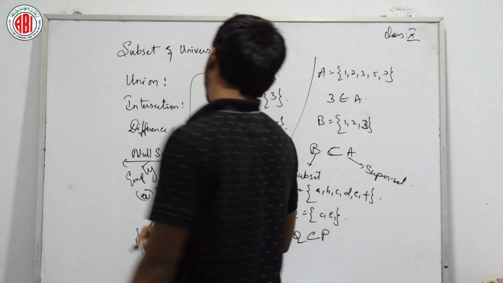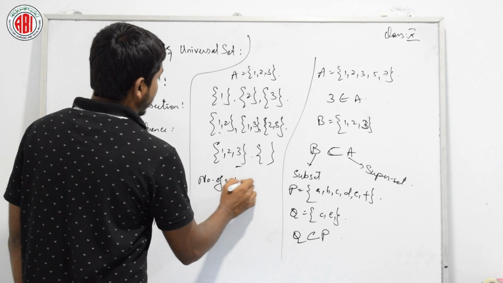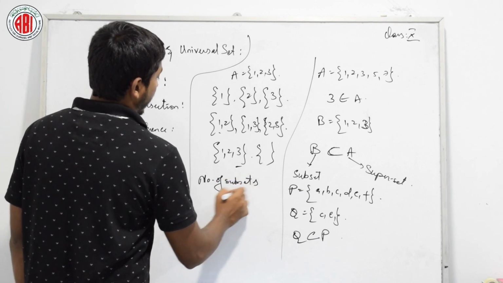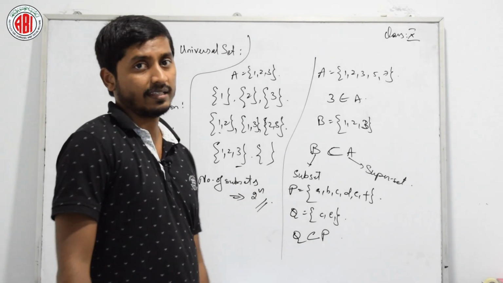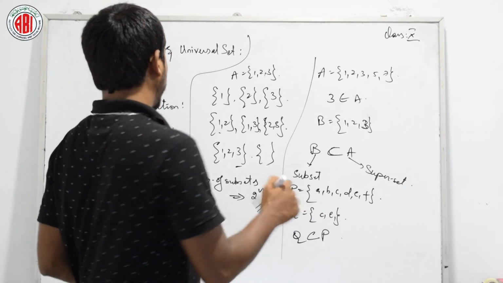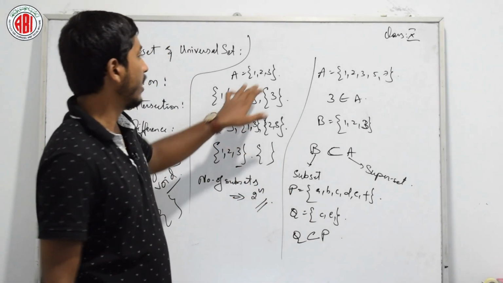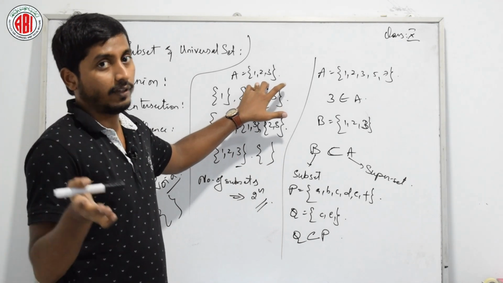Then let me generalize that the number of subsets is equal to 2 power n. Here there are 3 elements. What about if I have 2 or 4? We can generalize it.